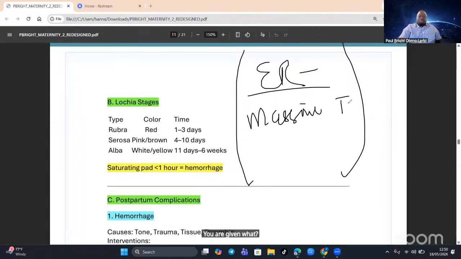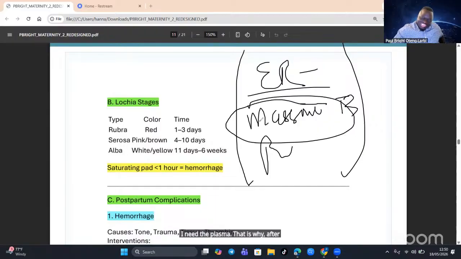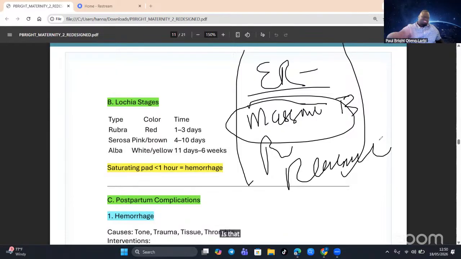Whole blood or red blood cells. You've given a lot of red blood cells. It will thicken the blood. I've punctured your IV and given red blood cells. What fluid will move the red blood cells to where I want them to go? I need the plasma. That is why after massive blood transfusion, we give what? Plasma concentrate. These are all tricks that you should know.